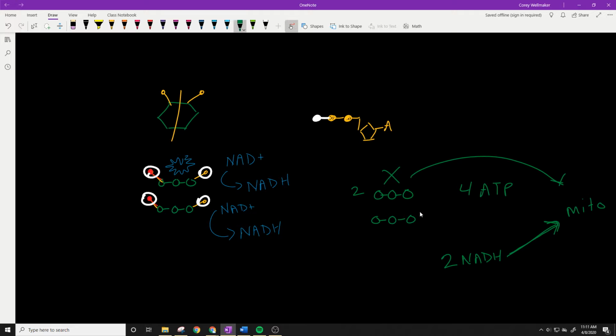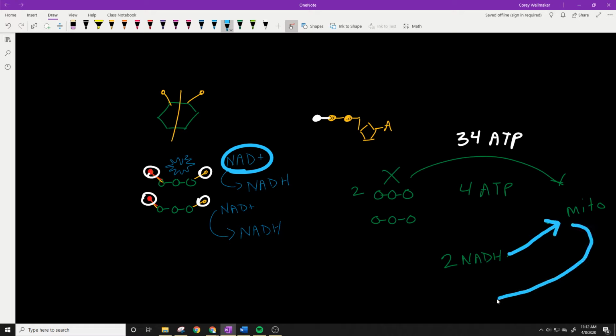The problem is that it cannot completely break down pyruvate and get something like, I think the textbook average is about 34 ATP from the complete breakdown of pyruvate. Also, it's going to start running out of NAD+, because when this NADH goes to the mitochondrion and drops off its electrons, it comes back as NAD+, so it gets recycled and can go off and help even more glycolysis happen.